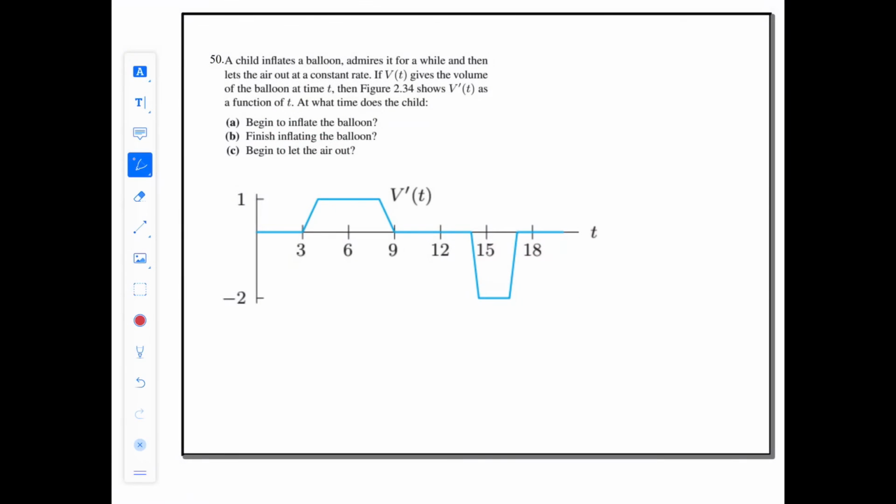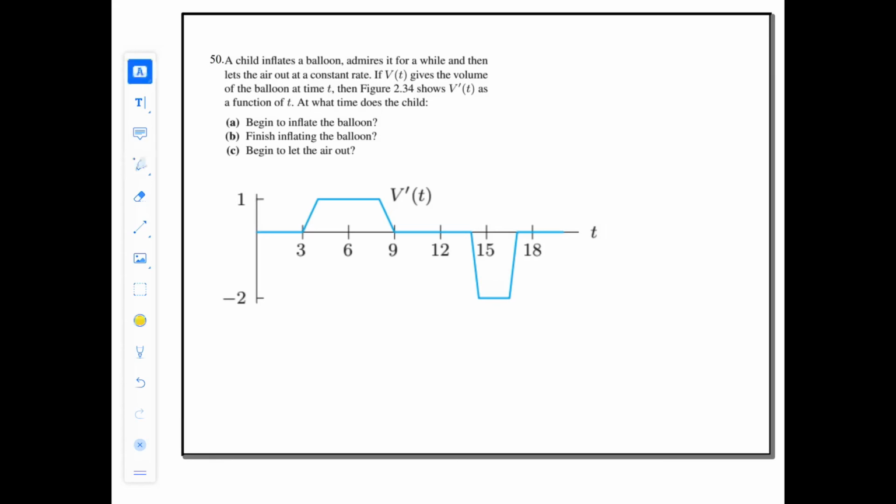We see the derivative in action. So let's look at this problem. We have a child that inflates a balloon, admires it for a little bit, and then lets the air out at a constant rate. V of t is the volume of that balloon.